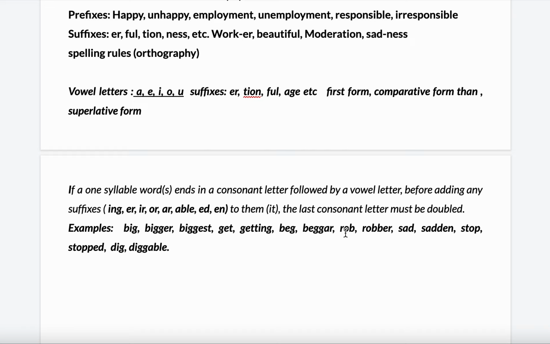Rob is an action of stealing, but a person who does it is called a robber. So when you want to change this verb to a noun, you see the change that happens in the word. The last consonant is doubled, and then ER is added. For example, sat, sadden, stop, stopped.